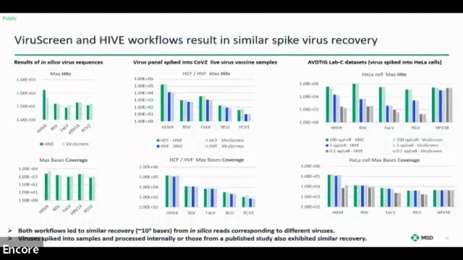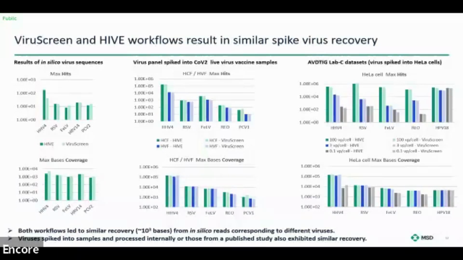What we see is that when we look at either the maximum hits or the maximum coverage across either HIVE or VirusScreen, we really get very similar data across the different viruses that we're using here in silico. And when we looked at this for actual spiked viruses into samples in our labs, we again have very similar coverage and number of hits.